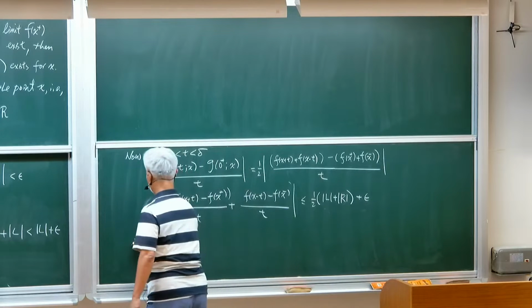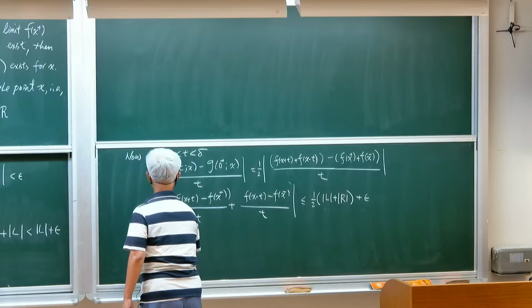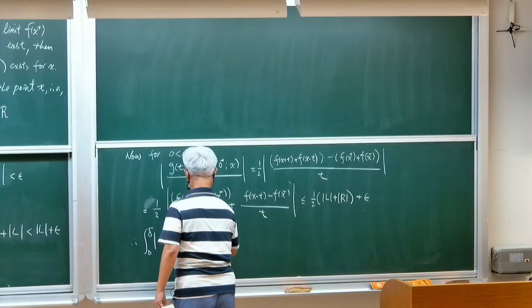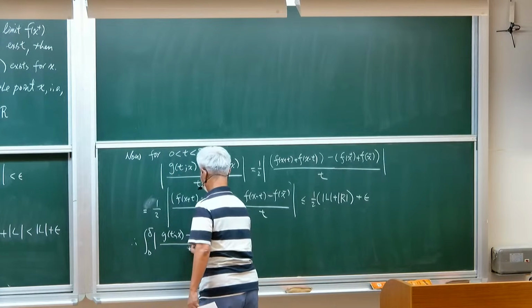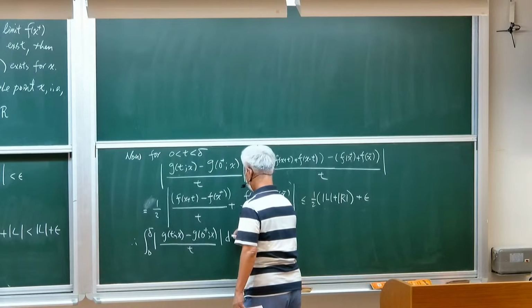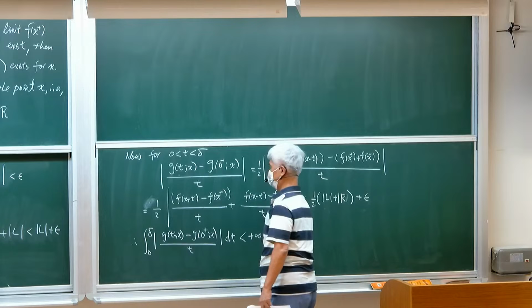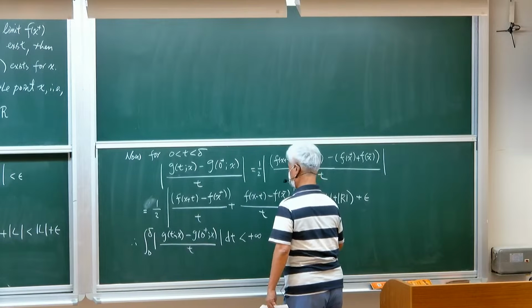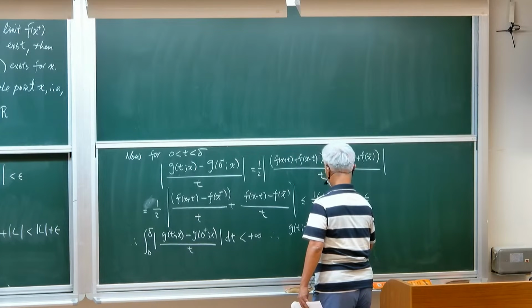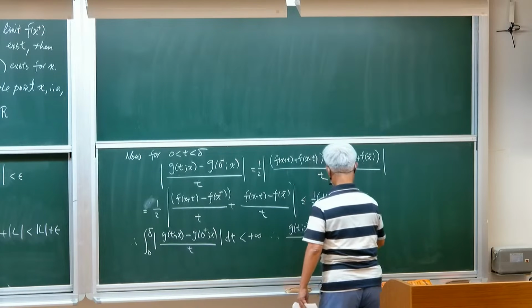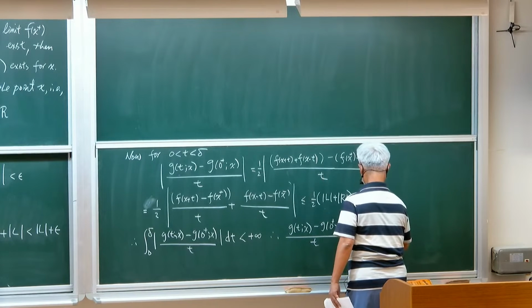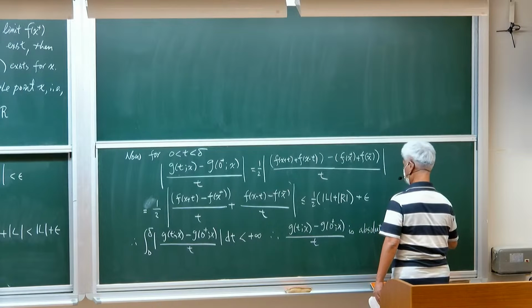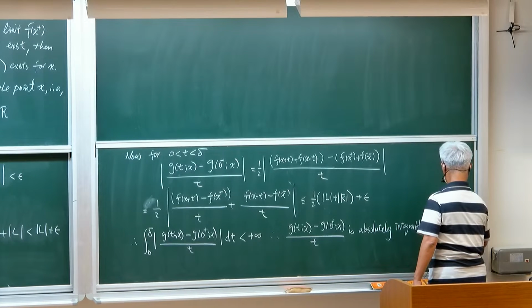Okay, so the integral of this is finite, all right, and so g_t(x) minus g_0+(x), divided by t, is absolutely integrable over 0 to delta.